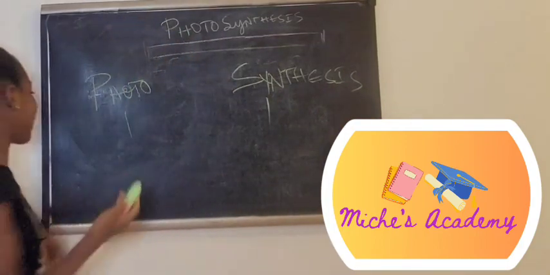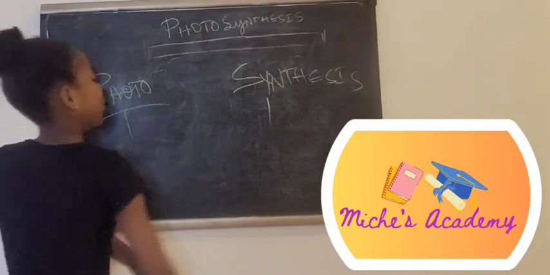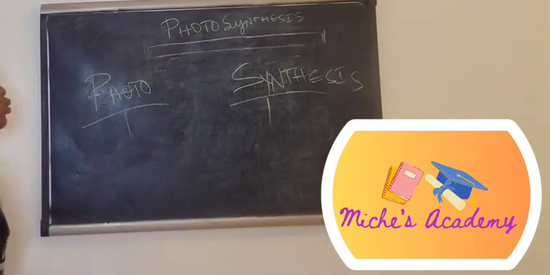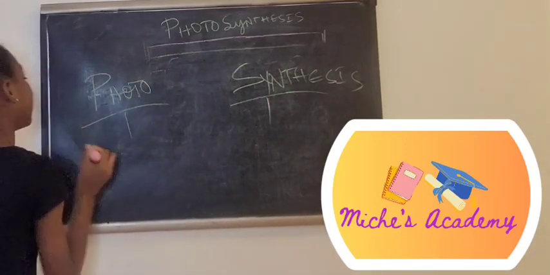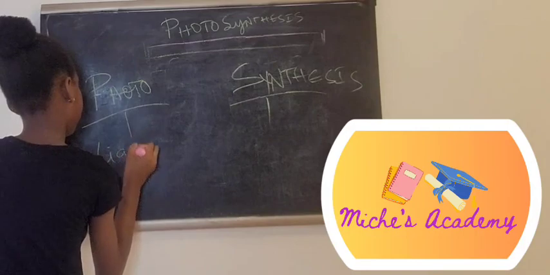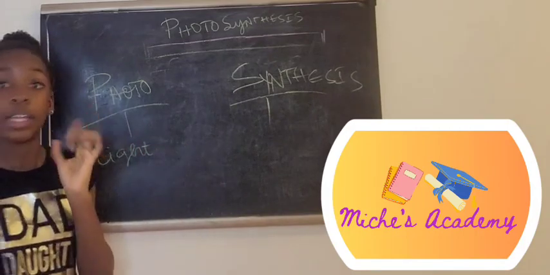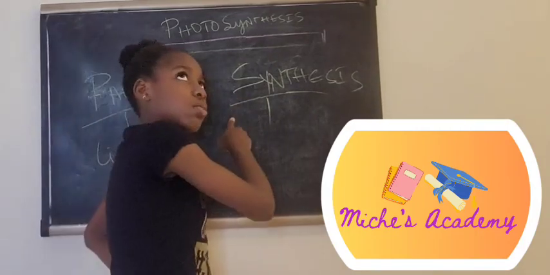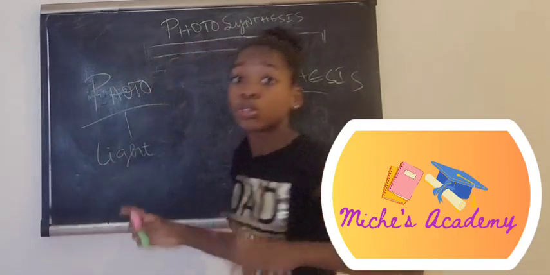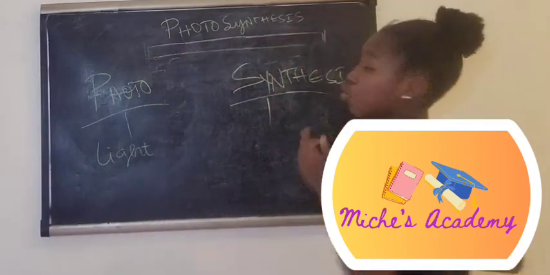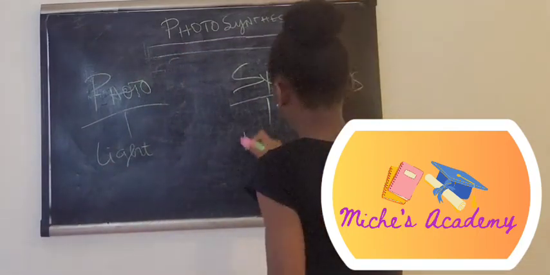Easy enough, right? Now, what is photo and what is synthesis? Photo is a Greek word for light. Light. Now, what does synthesis mean? Synthesis is also a Greek word, which means to build or create something.